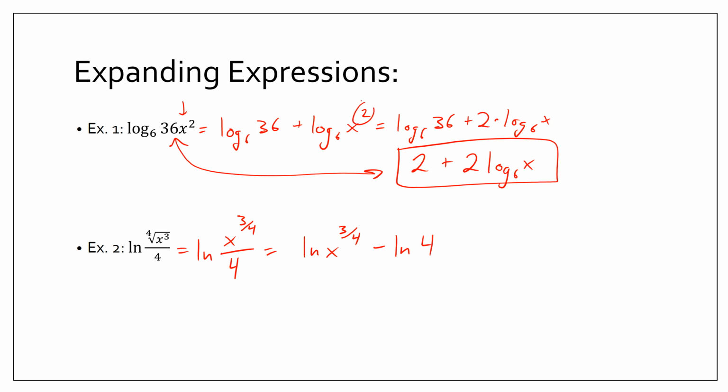Then, just like what I did here, bringing this 2 down in front as a multiplier, this 3/4 as an exponent becomes the multiplier. So 3 over 4 ln x minus ln 4. Again, I should check to see if I can simplify any logarithms, but like what power of e gives me 4?